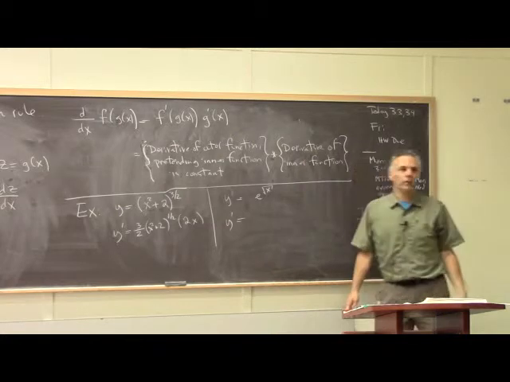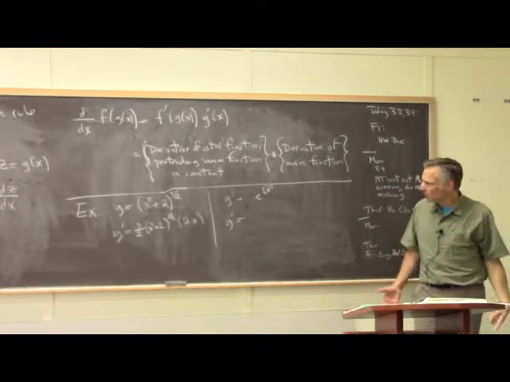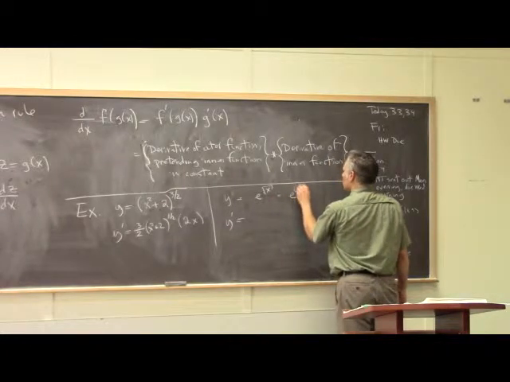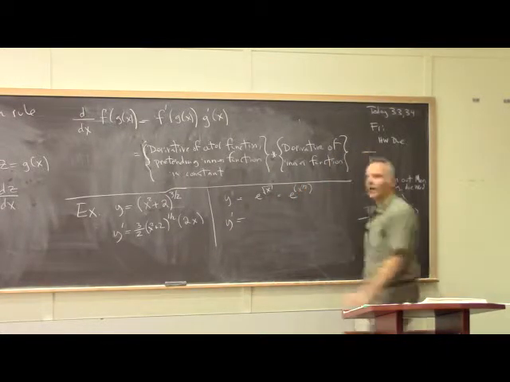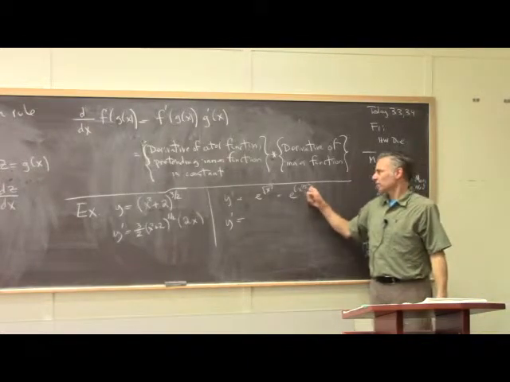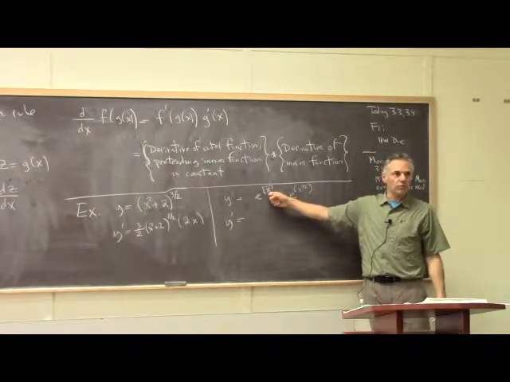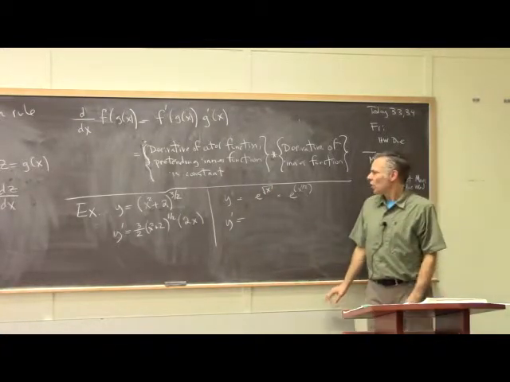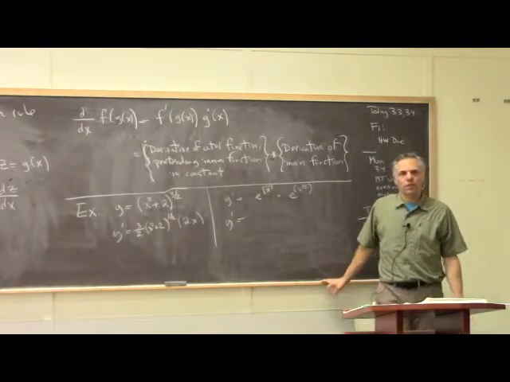So e to the square root x. We want to know what that is. Maybe it might help to write that as e to the x to the half, since exponents are almost always easier to work with than radicals. So what's the inner function and what's the outer function here?